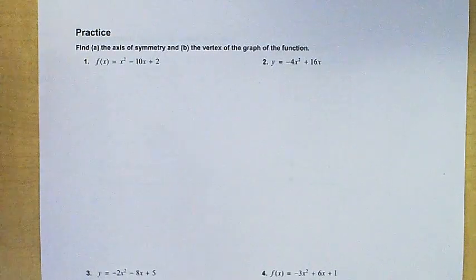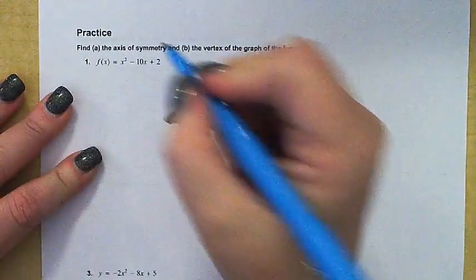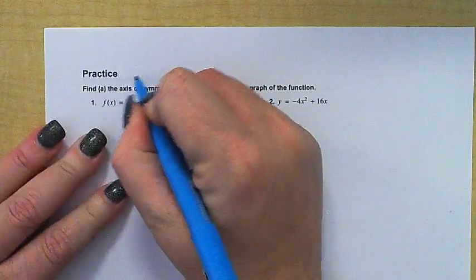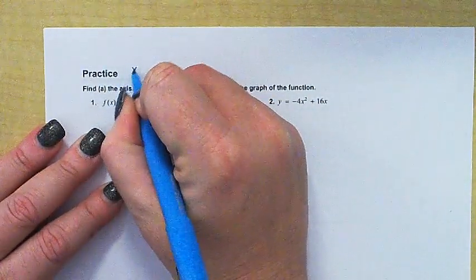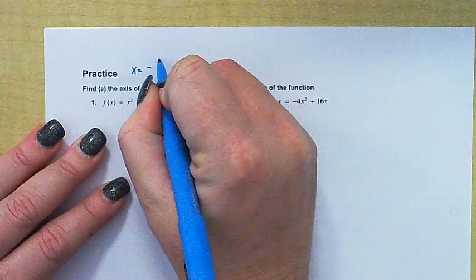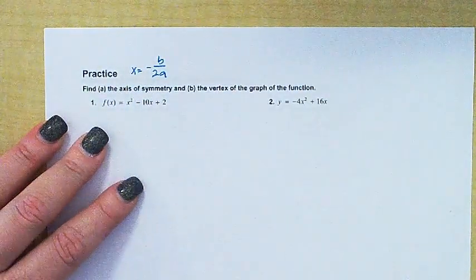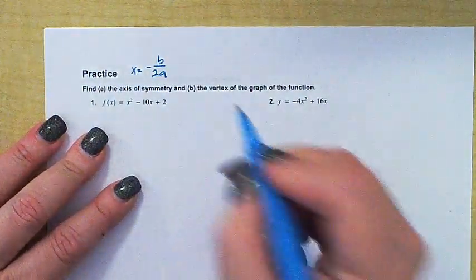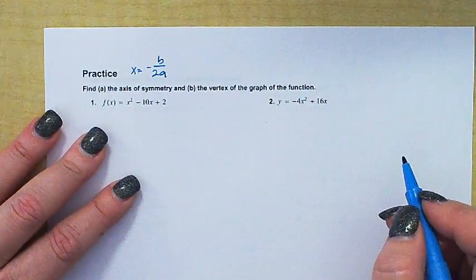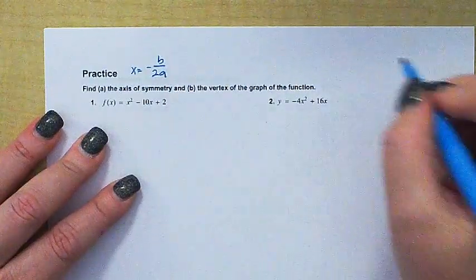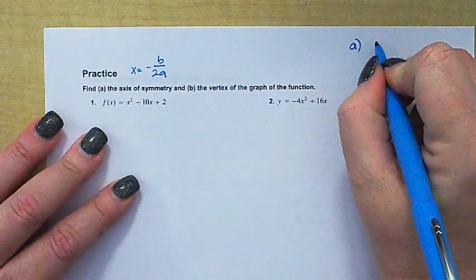So the first thing we're going to do is find the axis of symmetry and the vertex. So we know that our formula for axis of symmetry is x equals negative b over 2a. We'll just write that there. And then for the vertex of the function, I'm actually going to put my little steps over here.